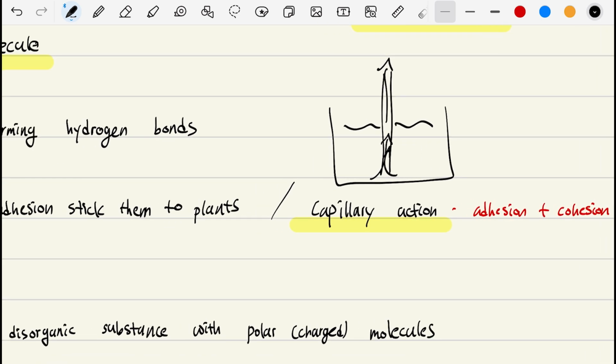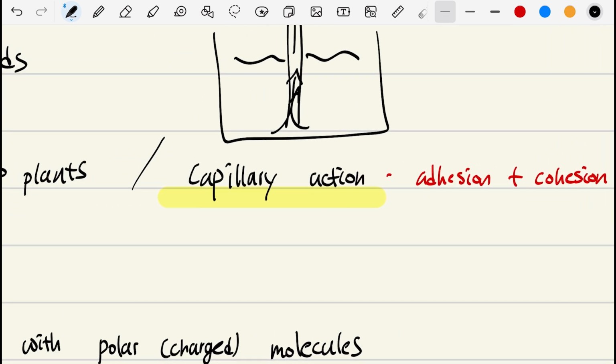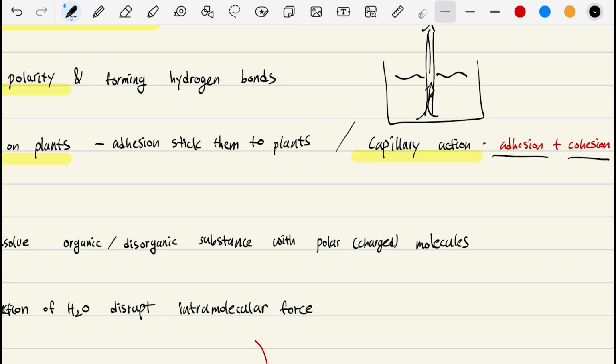This happens because of both adhesion and cohesion, because adhesion causes the water to stick inside the tube, and cohesion causes the water to stick with each other, which makes a big chunk of water go straight up through the tube.